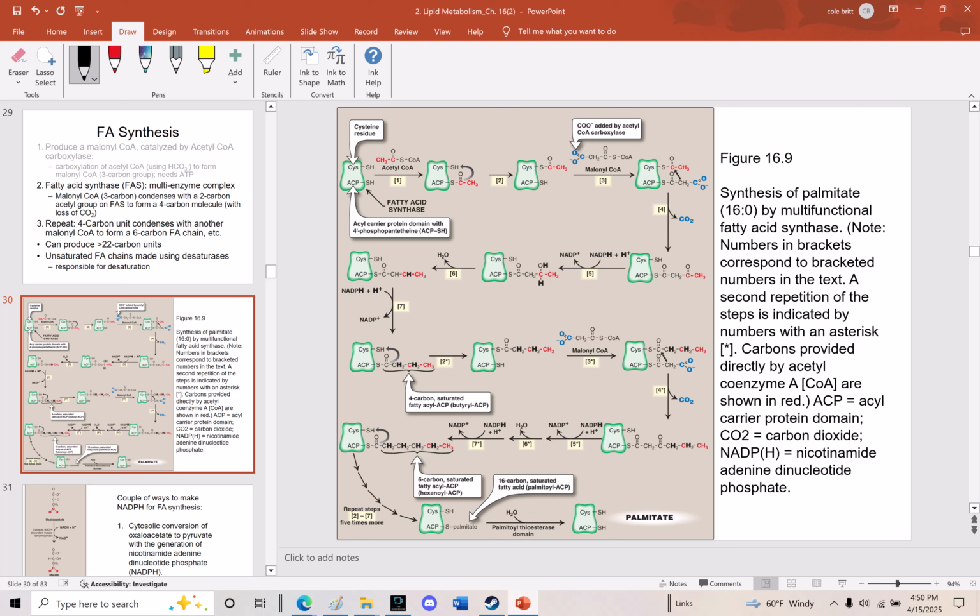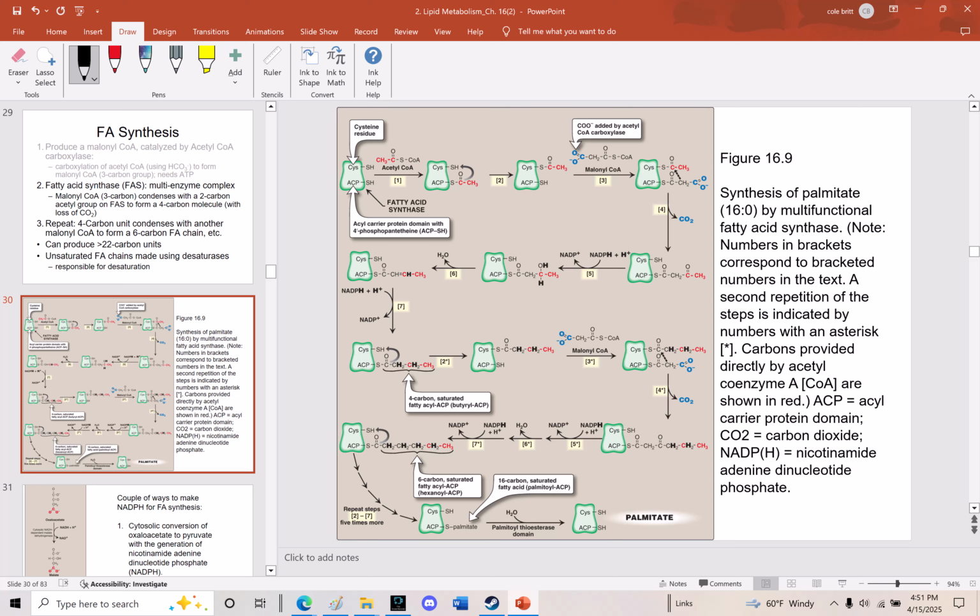And there are 2 ways that we make NADPH. I think it's important, perhaps, that you know both. But one of these you already know. The pentose phosphate pathway from last term, that's how most of your cells make NADPH. But there is another way we can make it when we convert pyruvate to oxaloacetate.